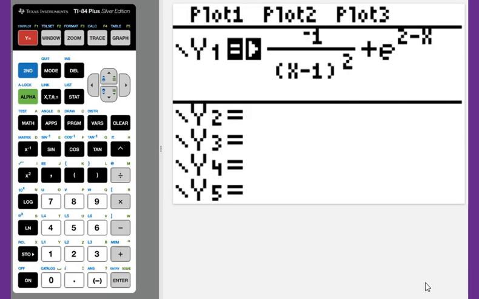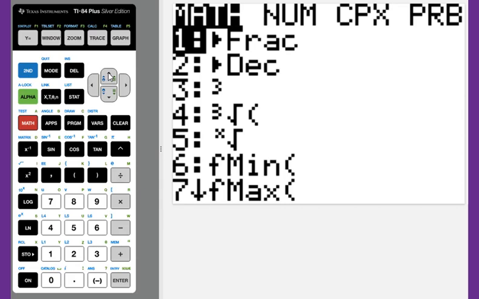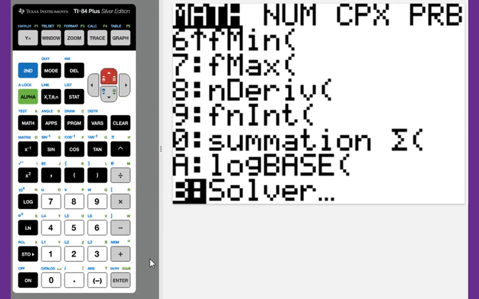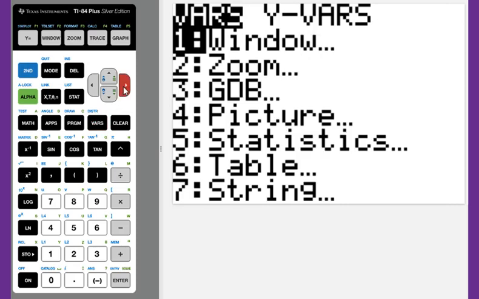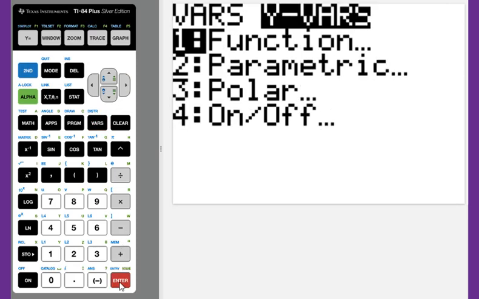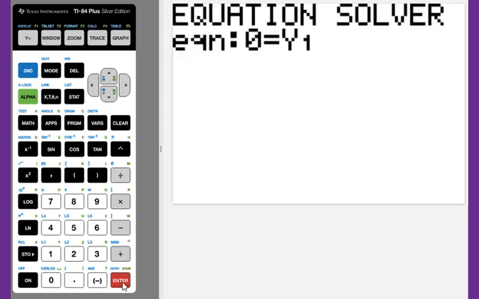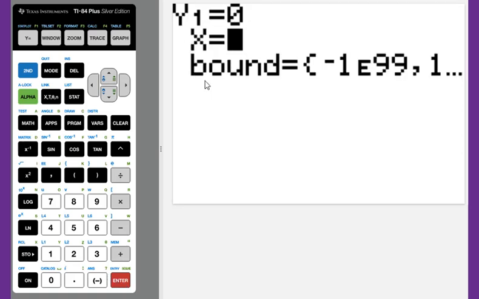Or you can use an equation solver. We press math and then use the up arrow, go to solver, enter. Use the y variable, function y1, then press enter. For the estimate, you can put 2.5, because remember the x value is between 1 and 4.